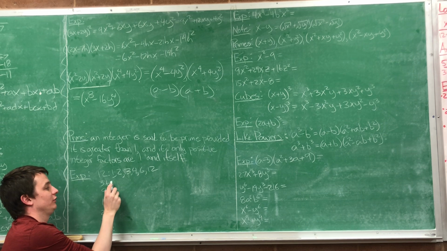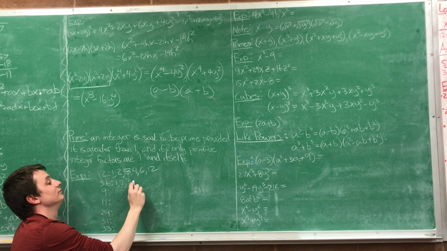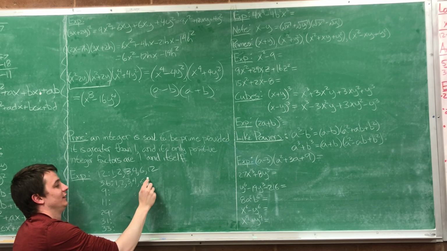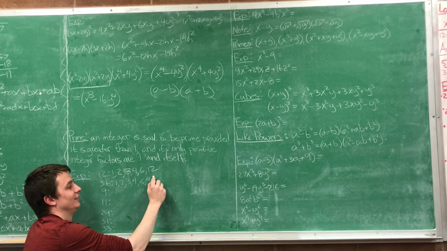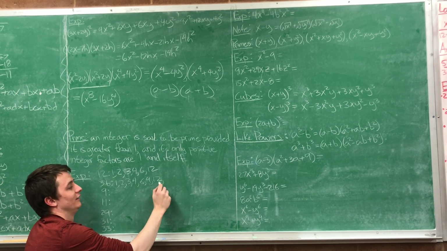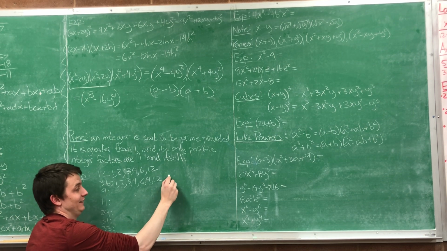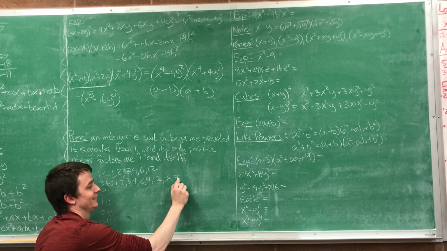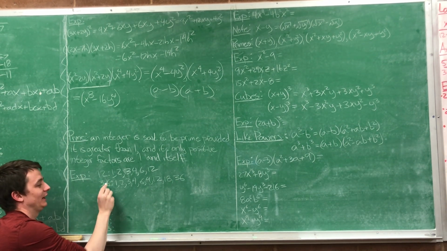Wonderful. What are the factors of 36? 1, 2, 3, 4, 6, 9, 12, 18, 36.